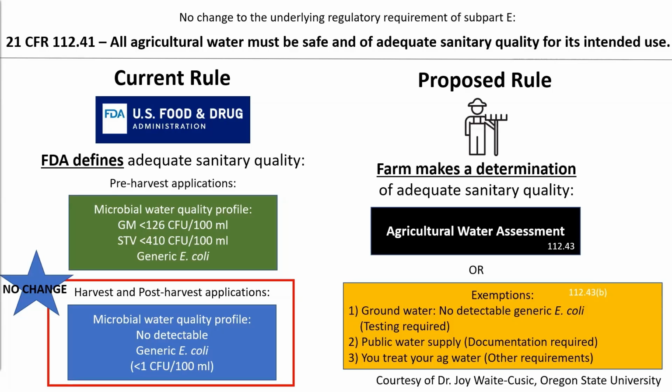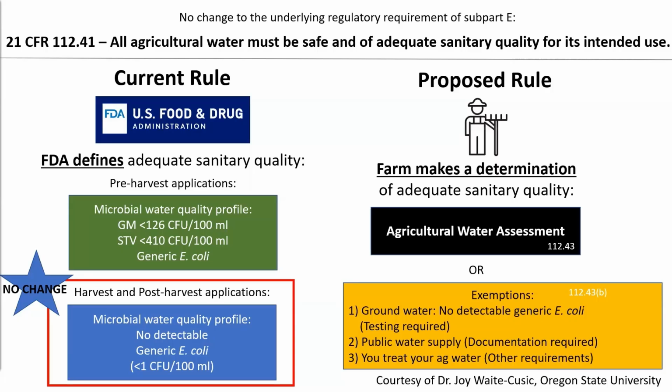So under the proposed rule, the grower would have to go through this agricultural water risk assessment, where they determine what the potential risks are associated with their pre-harvest water, including its distribution system and the types of crops that they're growing, and then make a determination on how to manage that risk.